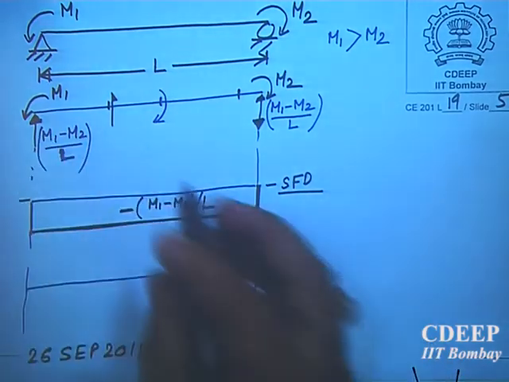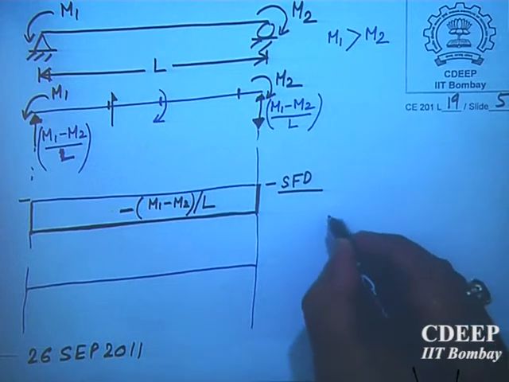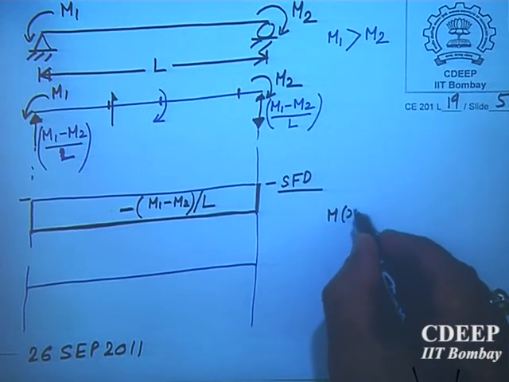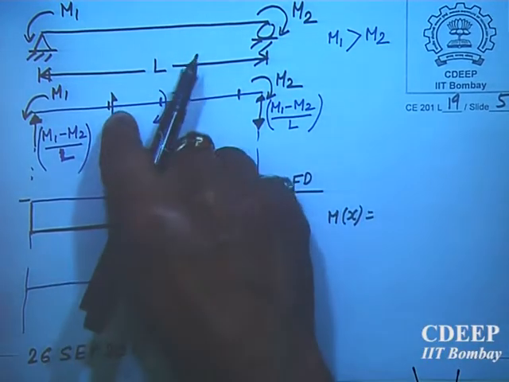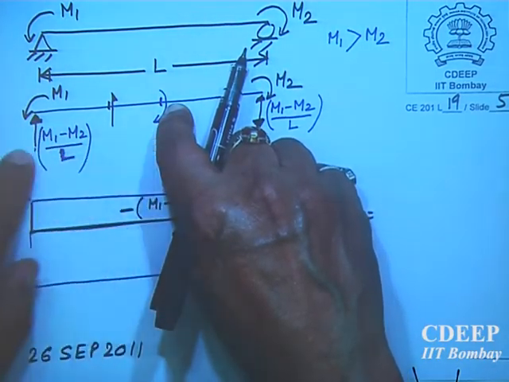See, at any cross section, I will just write the bending moment. Silence please. At any cross section, if you take this cross section, the bending moment is this into x.